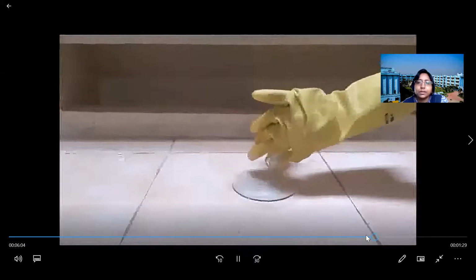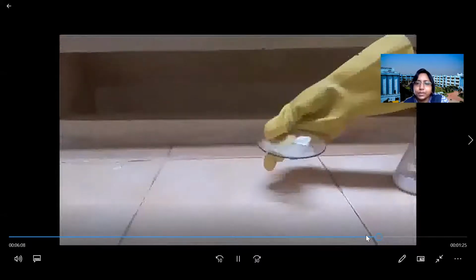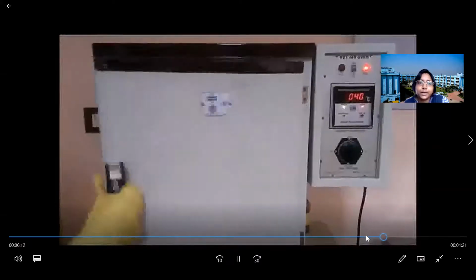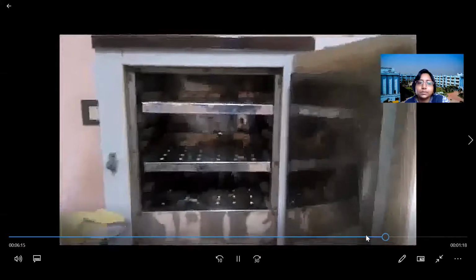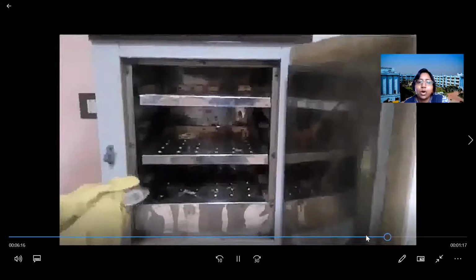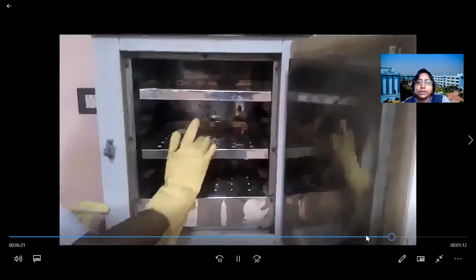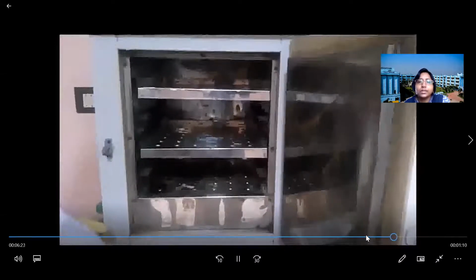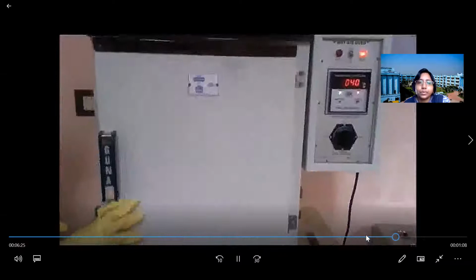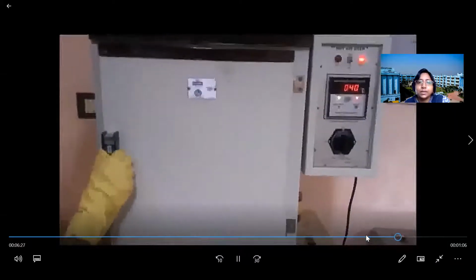And keep it here. We get the product. Now we take it in the Petri dish and keep it in a hot air oven. Here it will dry all the water present in this product.